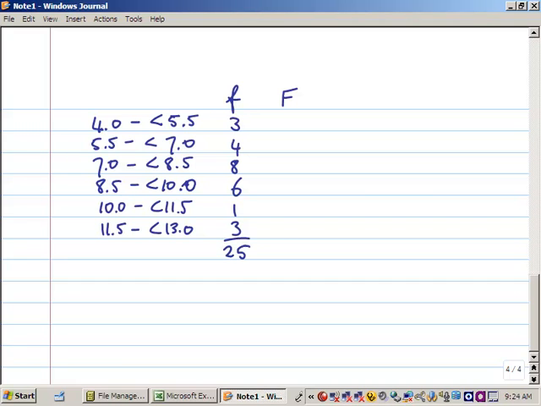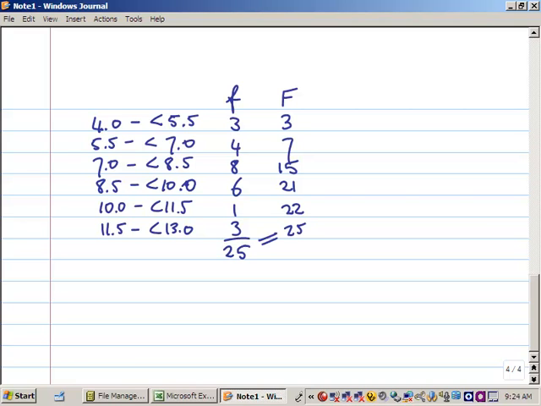It tells us the number of items below the upper limit, and this is the same as we had for the median. So it'll be 3 for the first interval, then 3 plus 4 is 7. 7 plus 8, 15. 15 plus 6, 21. 21 and 1 is 22. 22 and 3 is 25. Make sure that these are equal. The last cumulative frequency and the total frequency, of course, have to be the same.